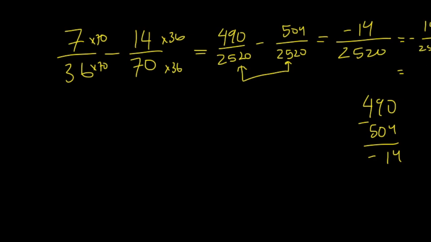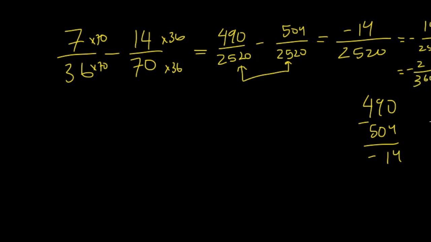So since these two numbers are pairs, I can divide them by 2, right? And another way I can do this is I can divide by 7, because here I know that this was divisible by 70. So I'll divide both numbers, the numerator and the denominator, by 7. So the first one I'll get negative 2 over, and then I get 360.